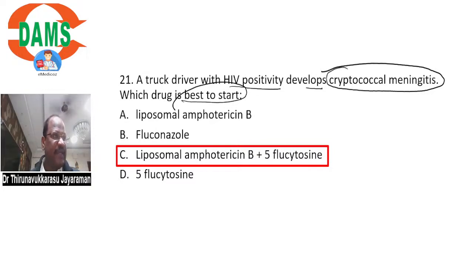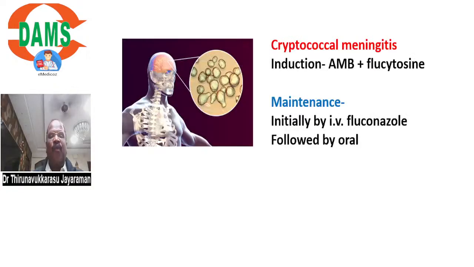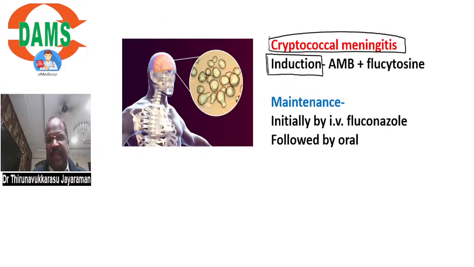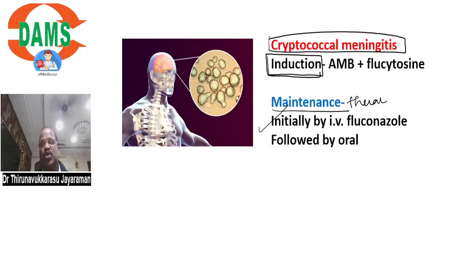So what they say, look here. For treating cryptococcal meningitis, induction starting therapy is combination of amphotericin B with 5-flucytosine. After stabilizing the patient, for maintenance therapy, you can go for initially IV fluconazole followed by oral fluconazole.